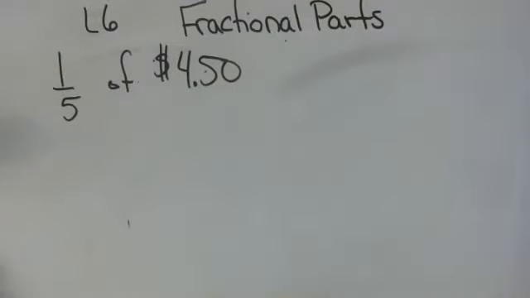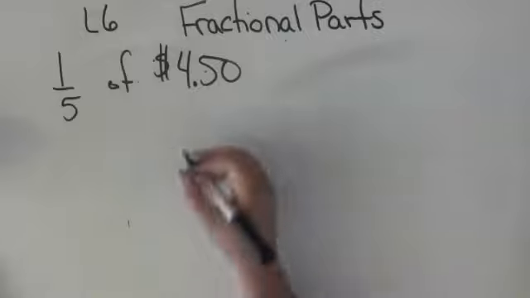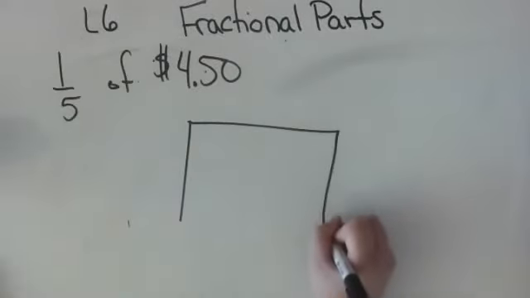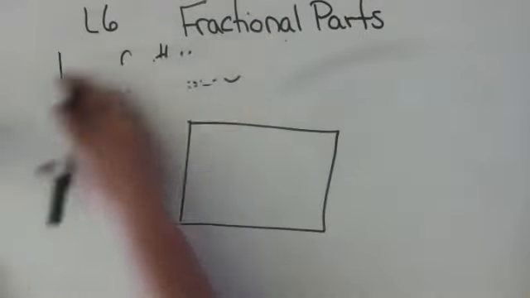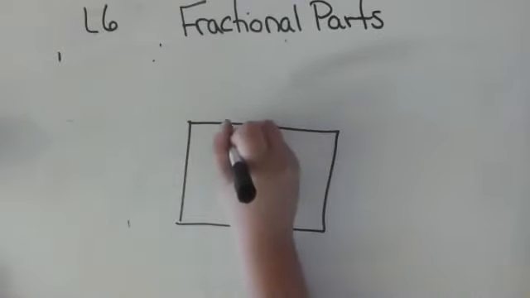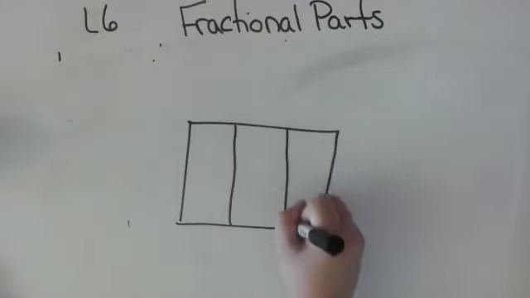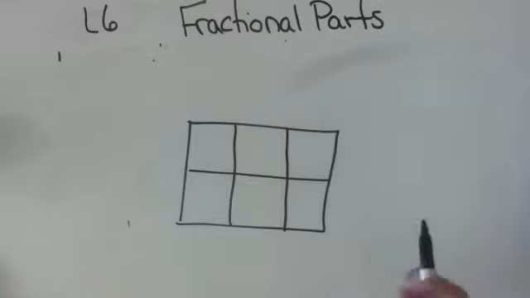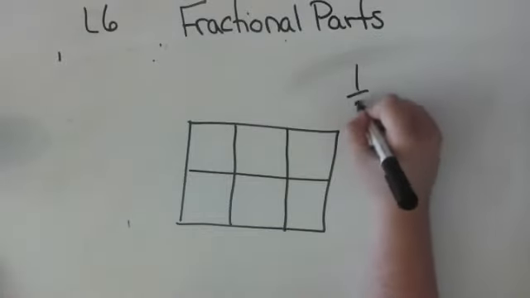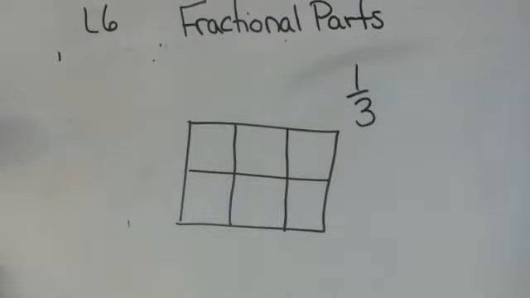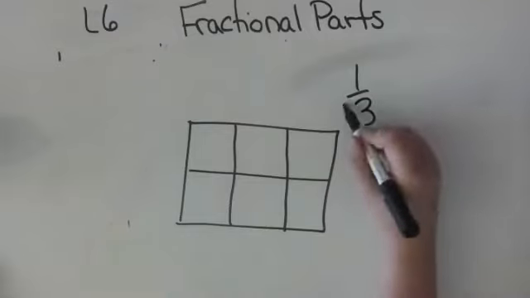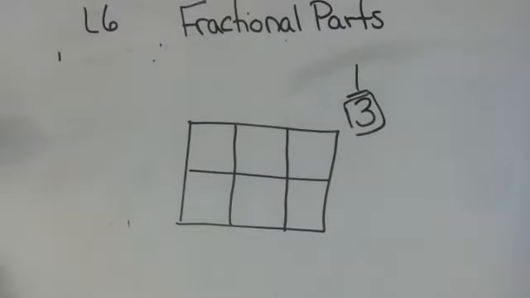All right, last thing we're going to look at is just shading a figure. So if I have this figure, and I ask you to shade 1/3 of that figure. Now, if you notice, there are not 3 pieces to this figure. Remember, this is how many pieces you have altogether.